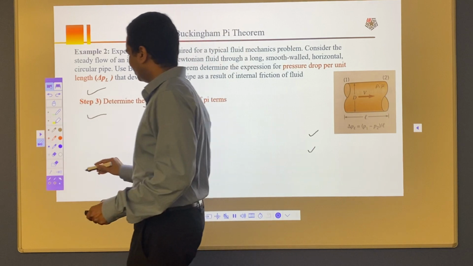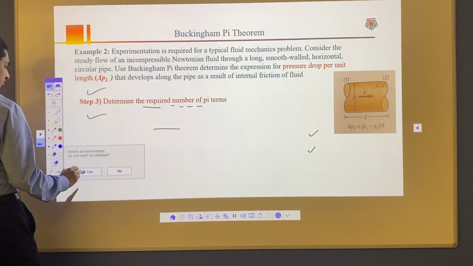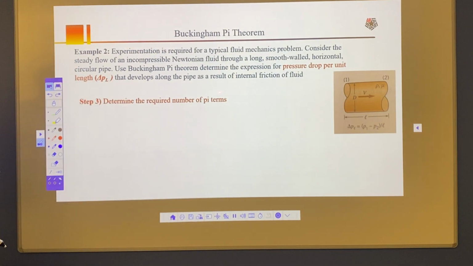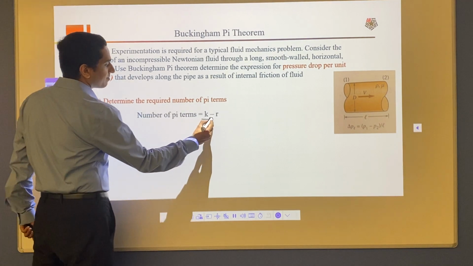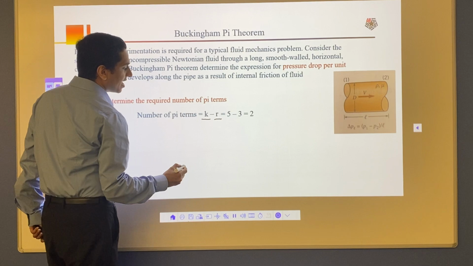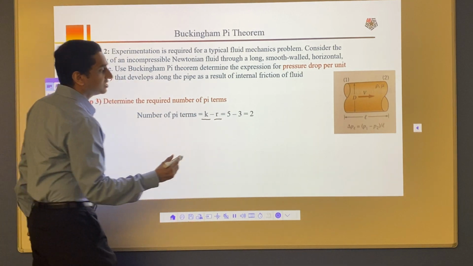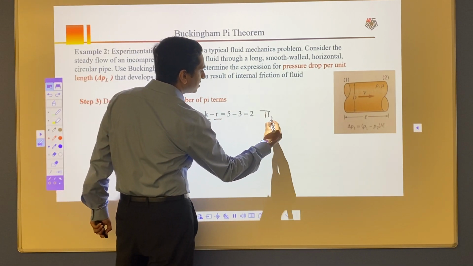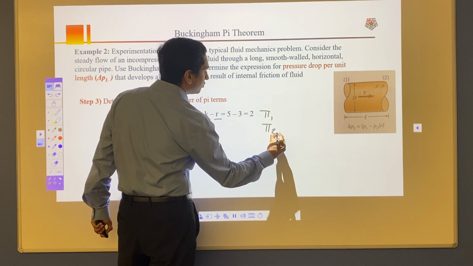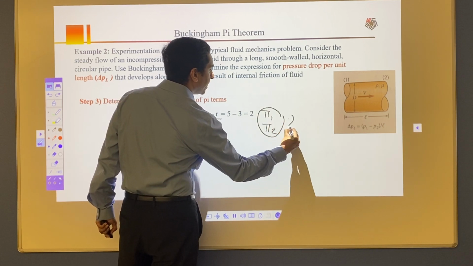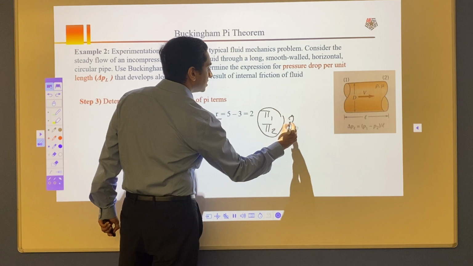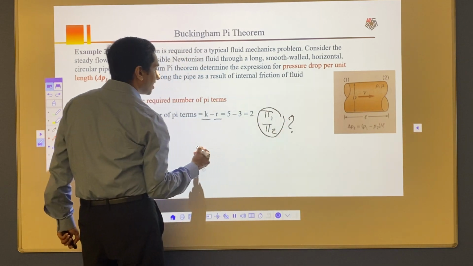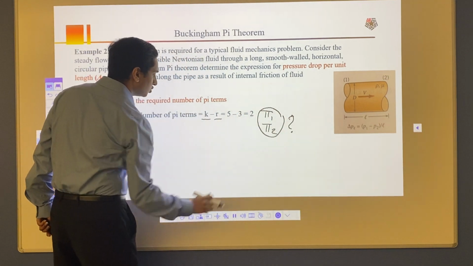Once you are done with step 2, all you have to do is get the number of pi terms in step 3. Number of pi terms is K minus R, so 5 minus 3 is equal to 2. It means in this problem I'm going to have pi 1 and pi 2, and my objective is to calculate what these terms are. So the number of pi terms is 2.